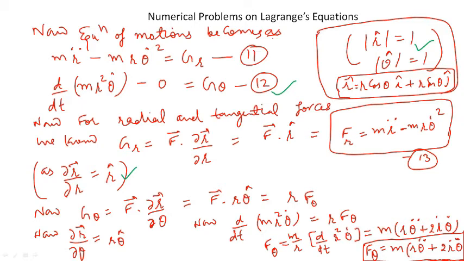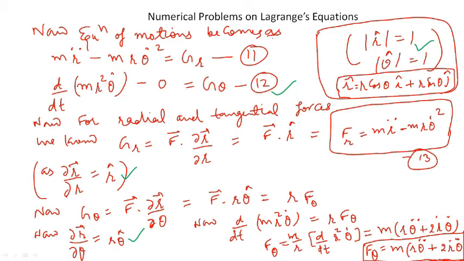Similarly, for the transverse or tangential part, g theta is equal to F dot del r over del theta, and we know that del r over del theta is equal to r unit vector theta.